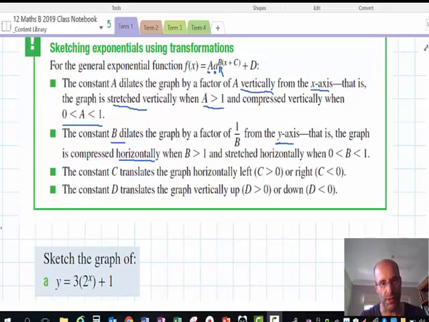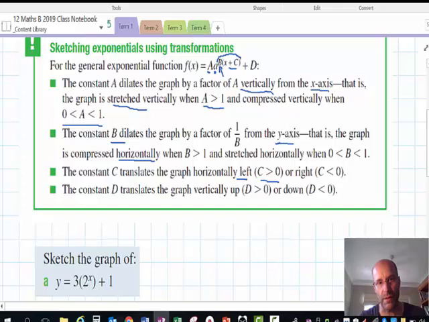Parameter C is a translation, and it translates the graph left when we have positive values for C. So you can see C is up there, like B, in the exponent, in the index, and basically you get horizontal translation to the left if it's positive, and to the right if it's negative.